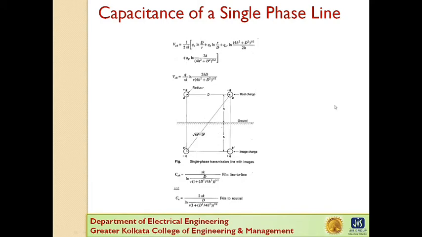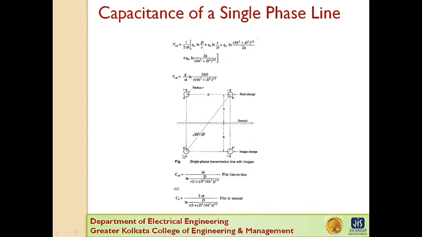Now VAB is equal to Q by pi K ln of 2hD by R root over 4h square plus d square. Now what is h? h is the distance from ground to the minus Q charge, and also the distance between ground and the plus Q charge is h.